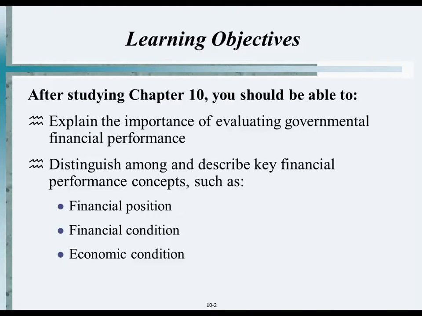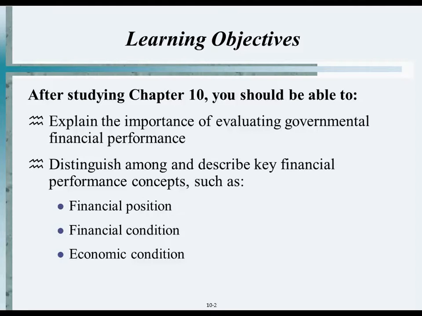So the way we're going to look at this chapter is we're going to define some terms first. And after that, we're going to take a look at some methodologies that are used to evaluate government financial performance. And then we'll take a look at the data which is used to evaluate government financial performance.